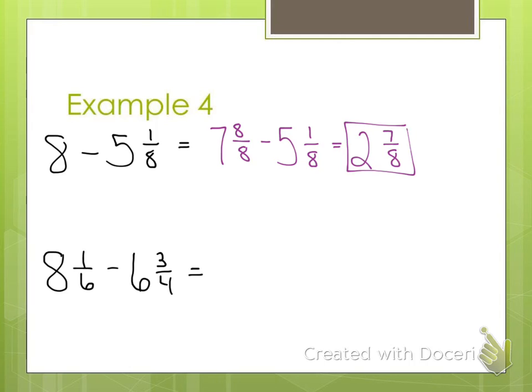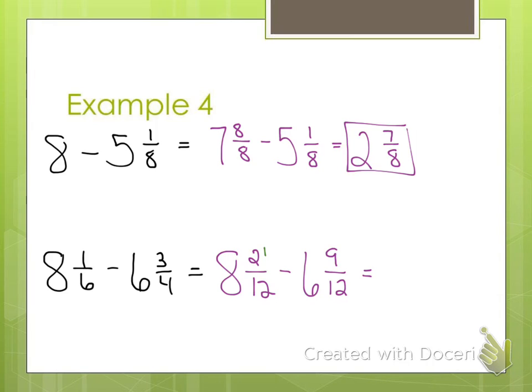All right, what about my LCD for the second one? What's the LCD, guys? It's going to be 12. Again, I climb the ladder of my multiples until I get to one that both go into. 8 and 2/12 minus 6 and 9/12. Again, I have to borrow. How do I know how many to add to my numerator?